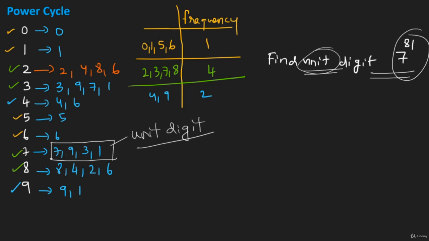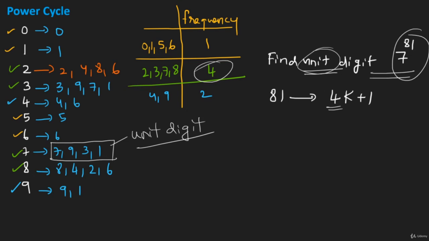Now let's check in which category 81 belongs to. If I check 81, I can see that 81 is of the form 4k plus 1. Now why do I take 4 over here? Because the frequency for 7 is 4.